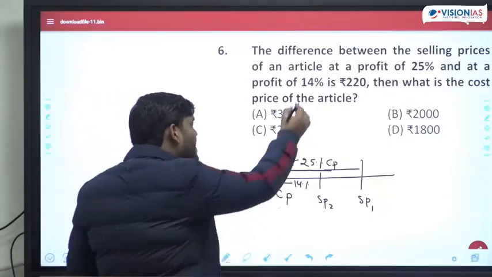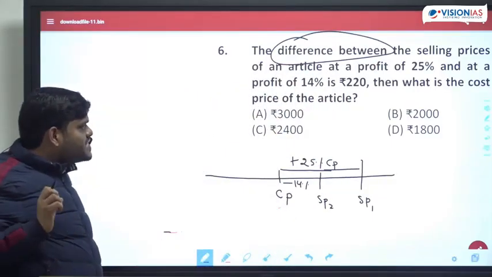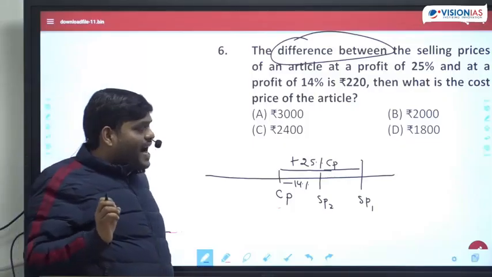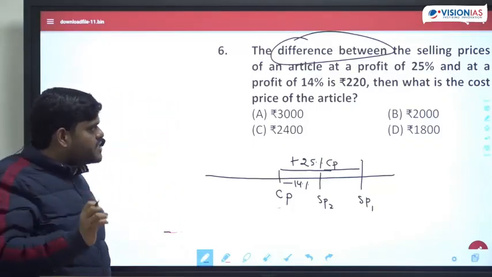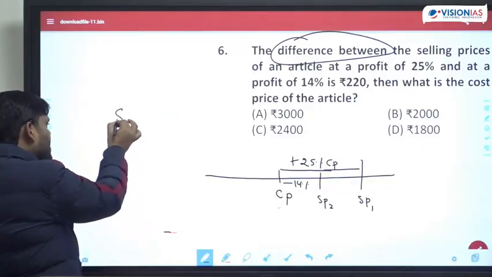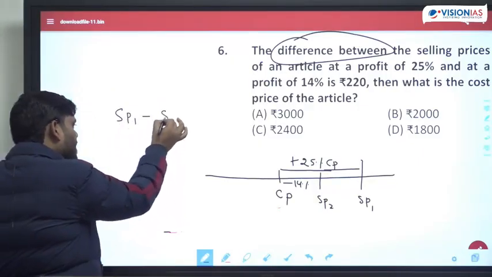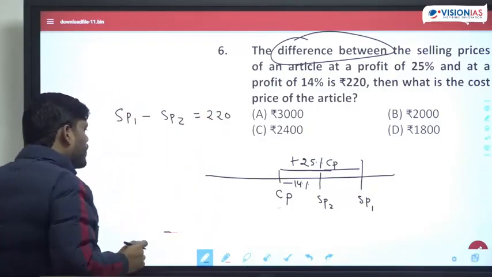And what is given? The difference between the selling price of an article at a profit of 25% and at a profit of 14% is 220. That means SP1 minus SP2 is given as 220 rupees.